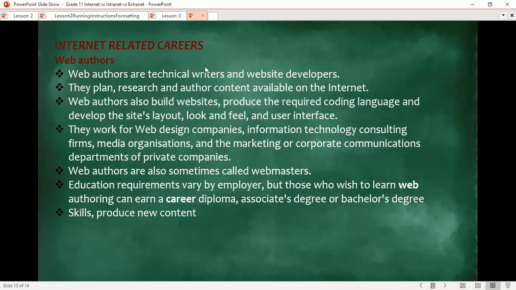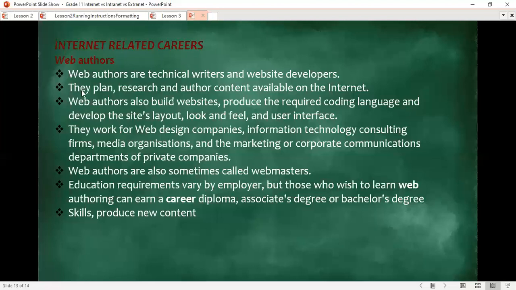Mostly here they specialize in creating the content of the website that has already been designed by the website designer and developer, and they are also developers of the website. So now here is the difference. The web designer will design the structure and the visual elements of that website. And then this one is going to put the content on the website.